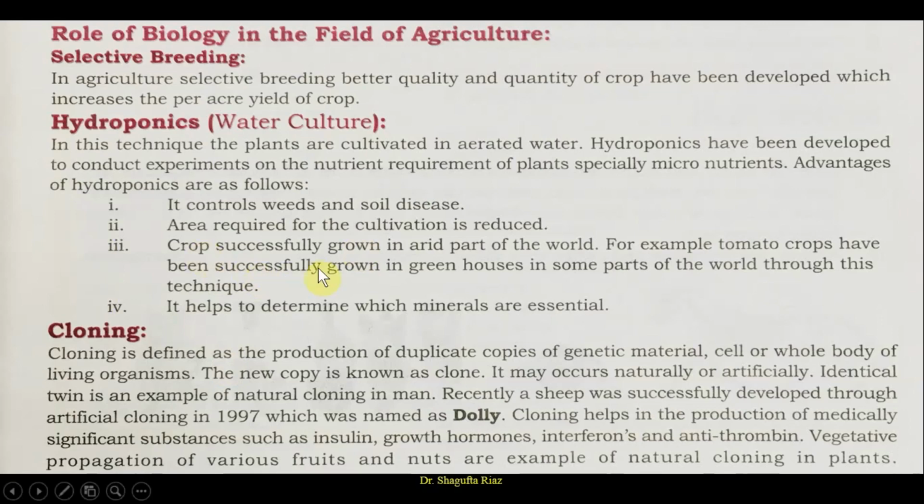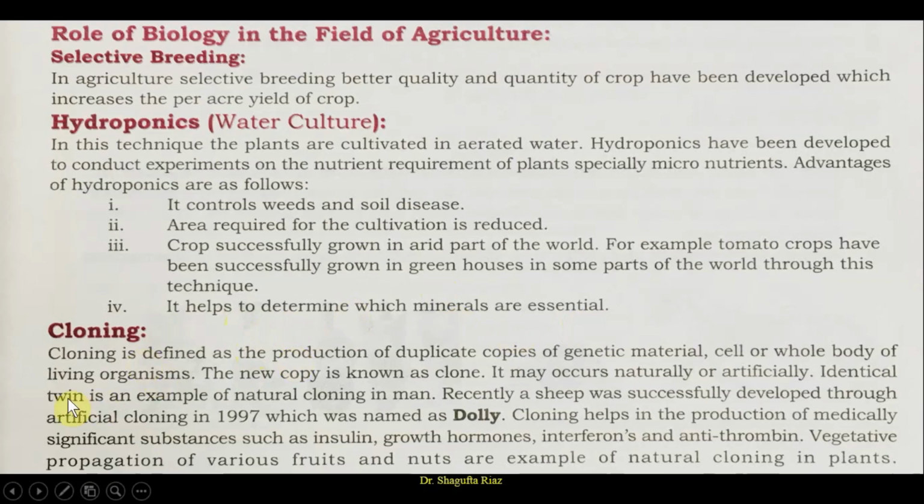And these crops are successfully grown in arid parts of the world, which means the drier parts of the world where agriculture cannot be done, right? For example, tomato crops have been successfully grown in greenhouses. And it also helps to determine which minerals are essential, right?